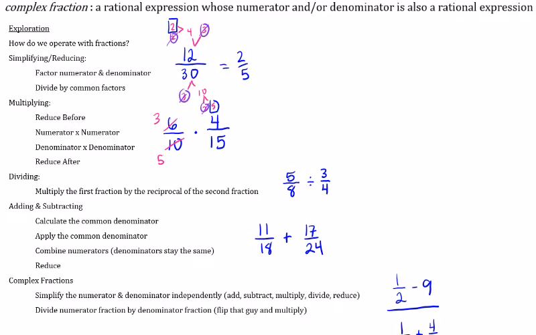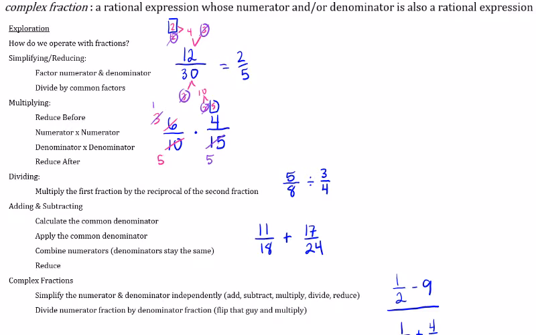And then I can see that 15 and 3 have a common factor. So I can divide 3 by 3 and I get 1, and divide 15 by 3 and I get 5. Notice how I cannot reduce across, just vertically or diagonally, right?